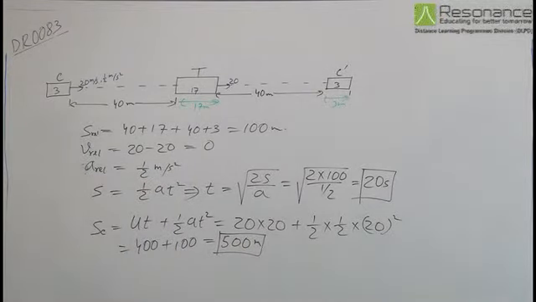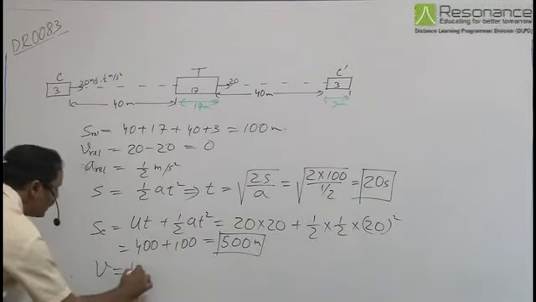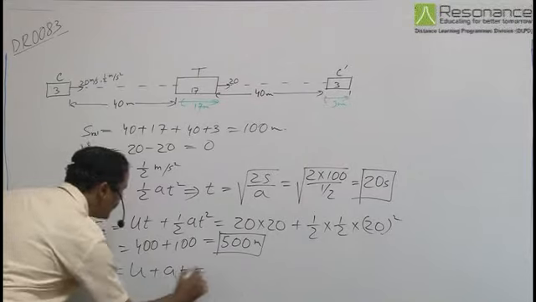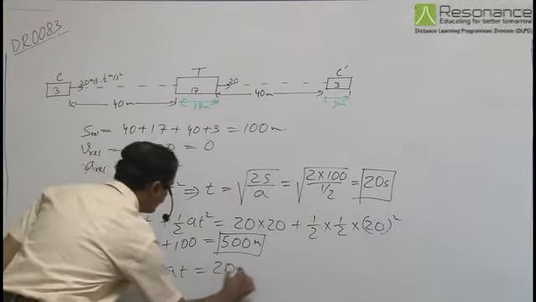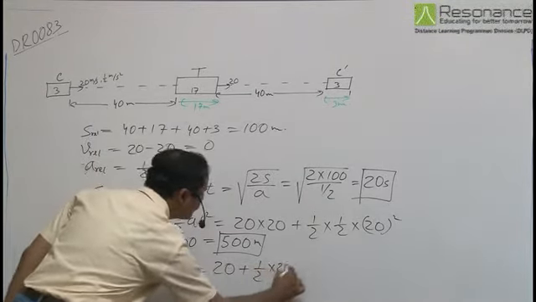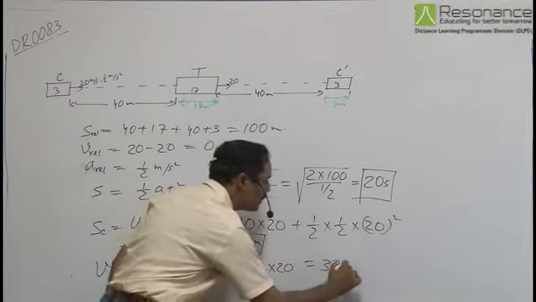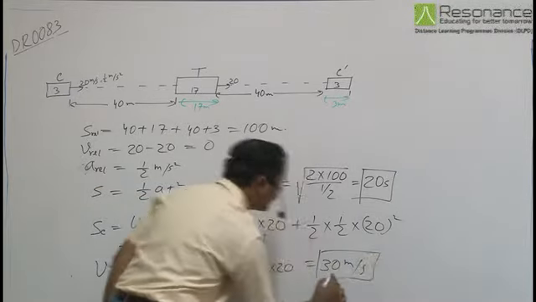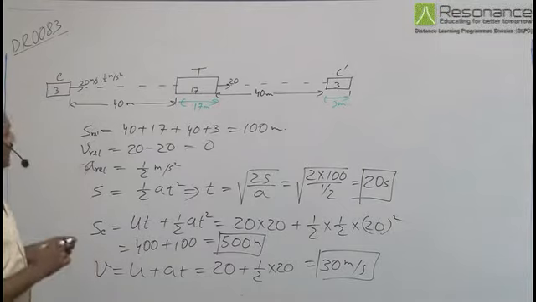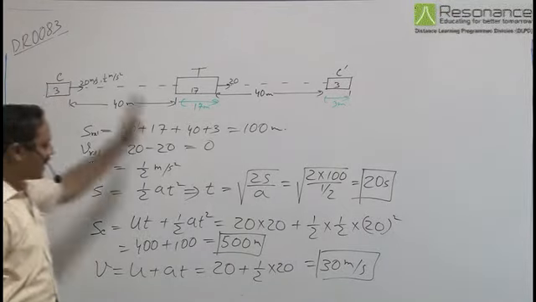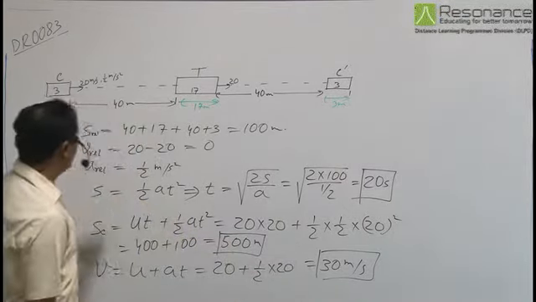This is the distance traveled by the car during this time, and speed of the car at the end, v, is equal to u plus at, that is 20 plus half into 20, that is equal to 30 meters per second. So speed of the car at the end of overtaking is 30 meters per second.